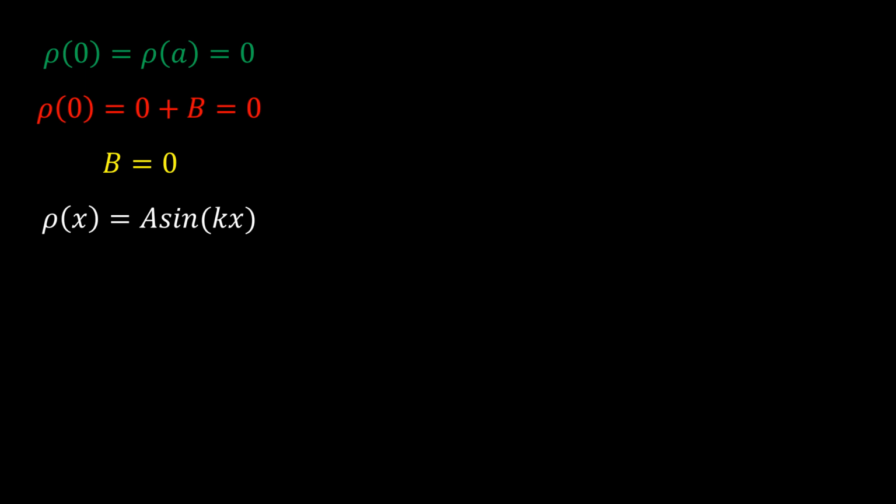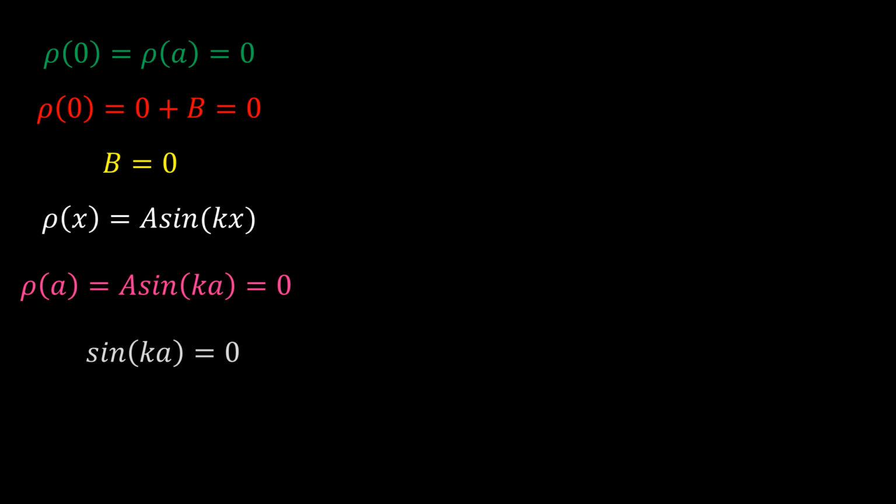Rho of a is equal to a sin ka, which must be equal to 0. A cannot be 0, otherwise we get a trivial solution that would do us no good. So, the only way for this equation to be correct is if sine of ka is equal to 0.